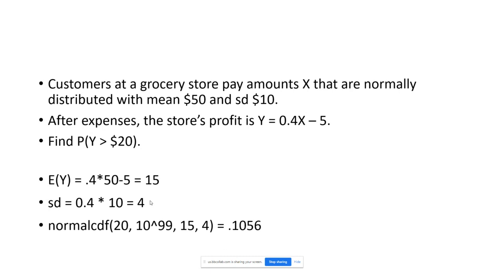So if you're using a calculator, you could use normalcdf of 20, 10 to the 99th, 15, 4 equals 0.1056. And in general, if you're doing this in your calculator or R, you should get the same answer. If you're using a normal probability table, your answer might be slightly different because of rounding, because the table only gives you 4 decimal places.